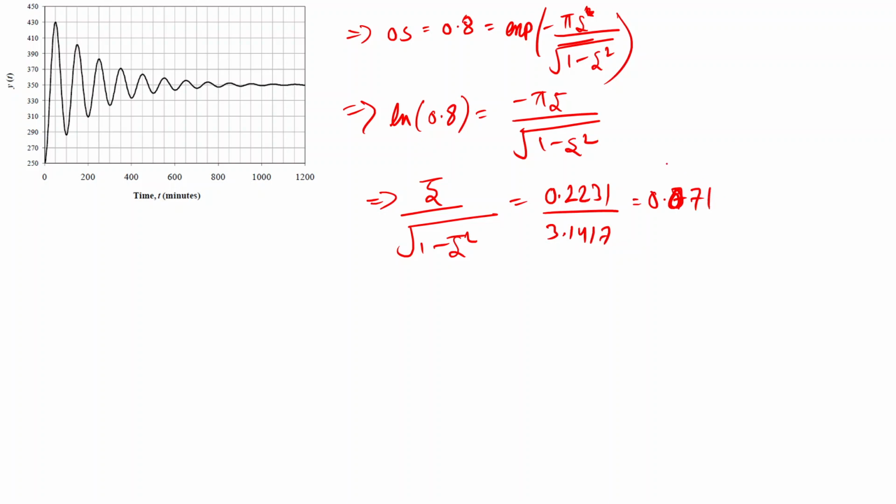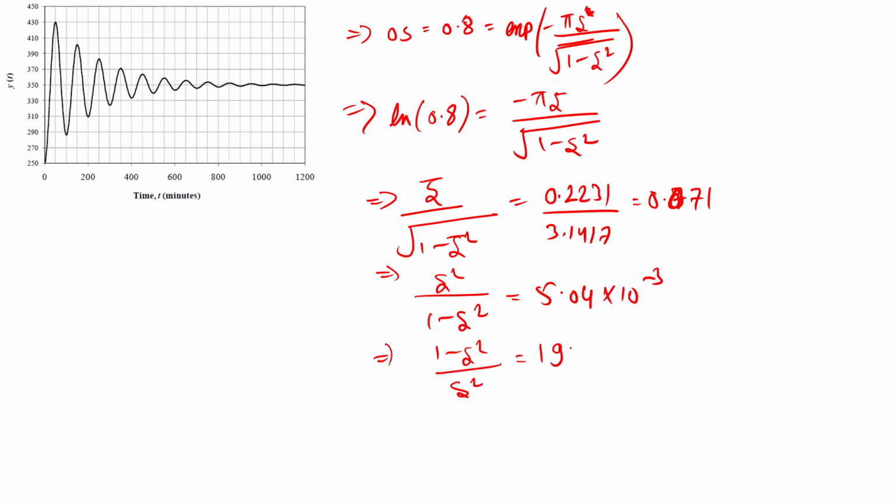We can solve this and we will get it as 0.071. We can take the square on both the sides and it will become zeta square upon 1 minus zeta square is equal to 5.04 into 10 raised to minus 3. Again we can take the inverse. It will become 198.13. So that is 1 upon zeta square.